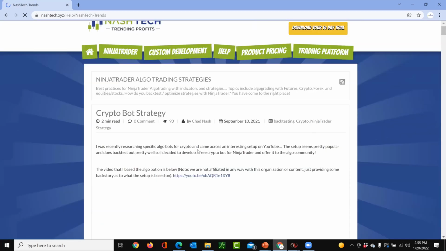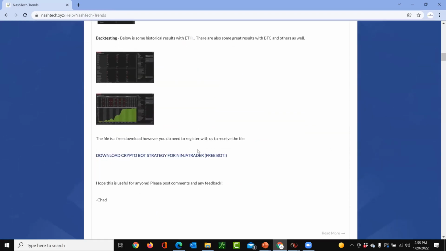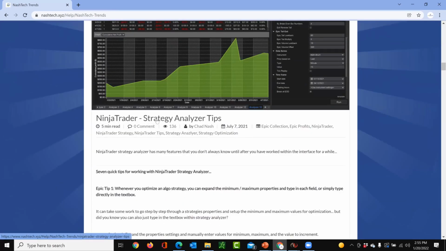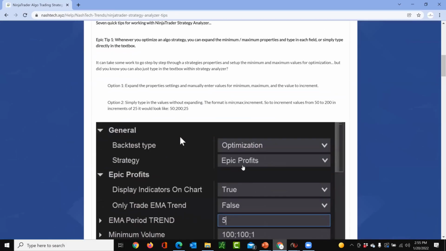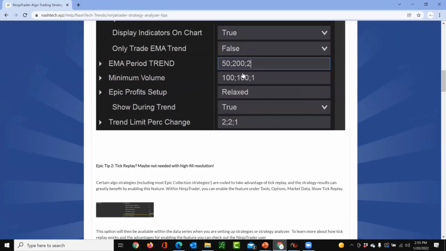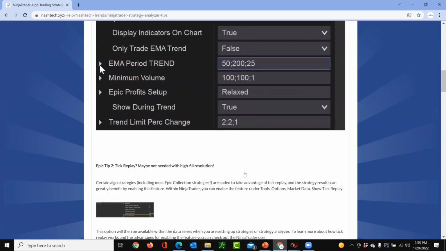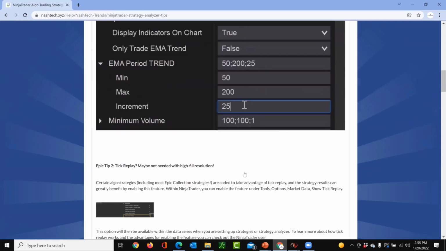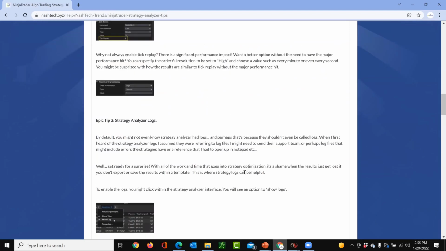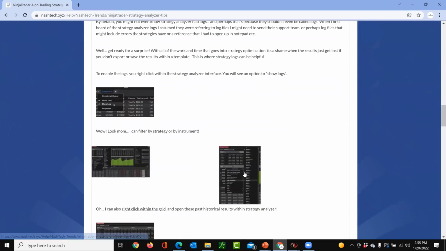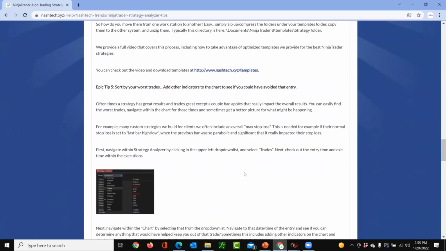We have spent a significant amount of time on that. The Strategy Analyzer tips with NinjaTrader go into tons of tips that'll be very helpful. Did you know you can quickly type in just like this in NinjaTrader instead of having to expand it? Did you know the difference with tick replay? NinjaTrader has blogs and things on all of this, but at the same time, you might find these helpful while you're testing.